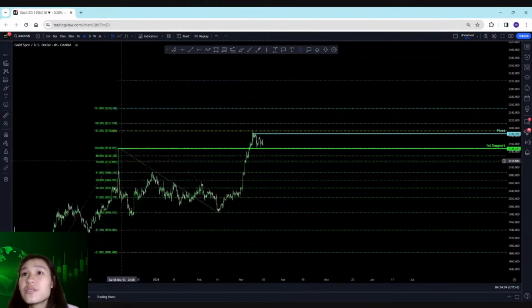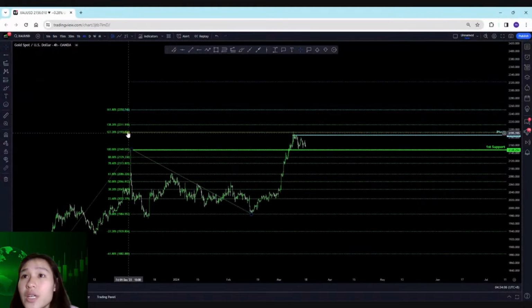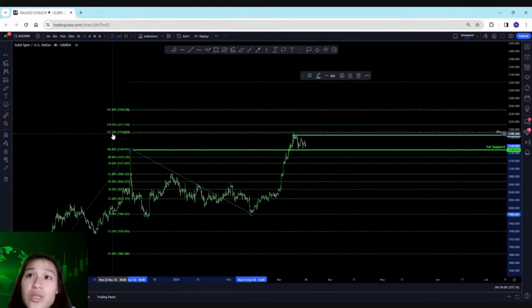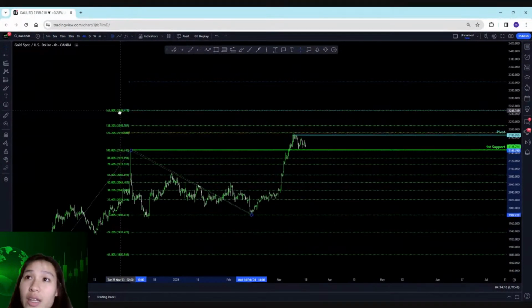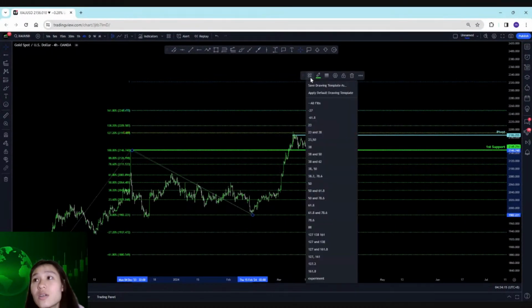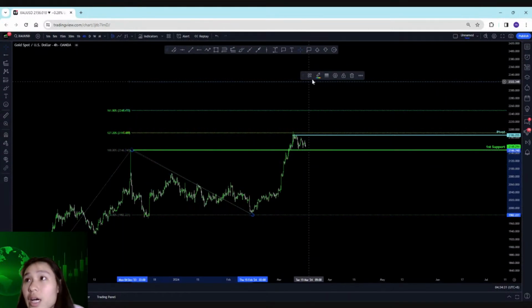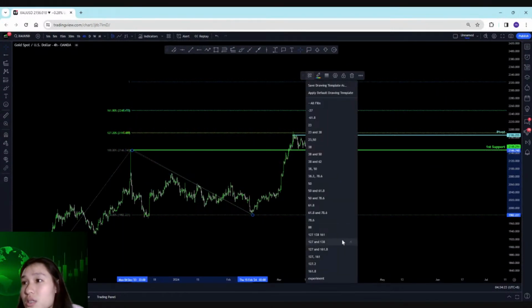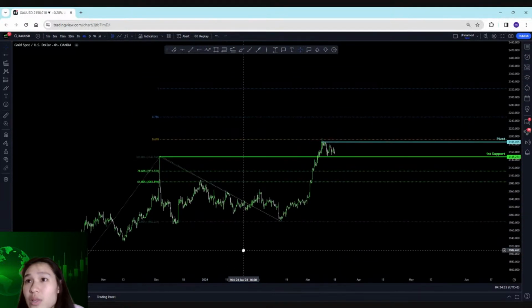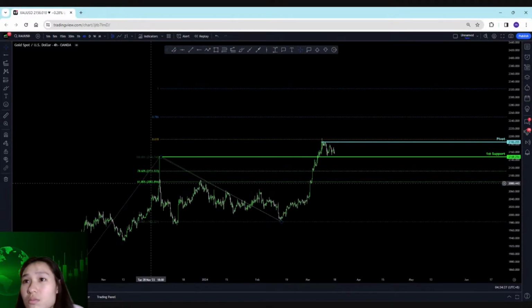And you guys can already see that we have 61.8 lining up with the 127, and I think it's 78.6 that lines up with the 161.8. So let's just keep those 127, 161.8, and our Fibonacci levels 78 and 61. Cool.